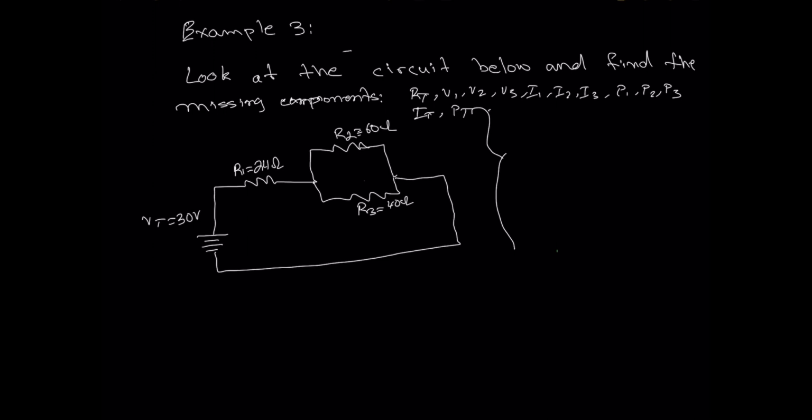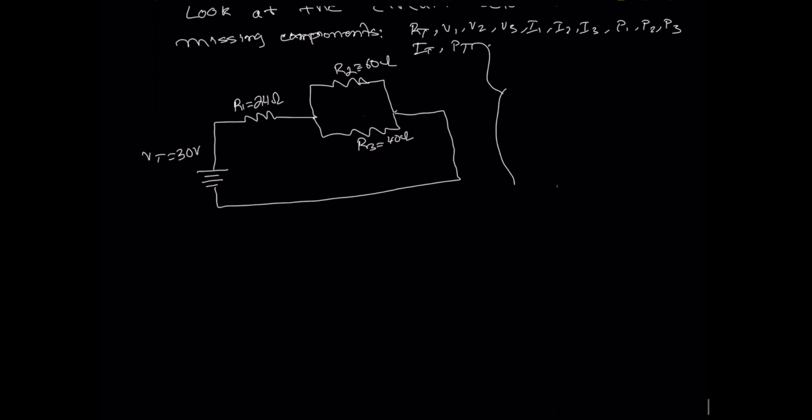In this circuit, we are given the total voltage, resistor number 1, resistor number 2, and resistor number 3. So we only have 3 resistors, so that should not take a long time. But the asked values are here: RT, V1, V2, V3, I1, I2, I3, P1, P2, P3, and IT, and also PT. So they're all asked.